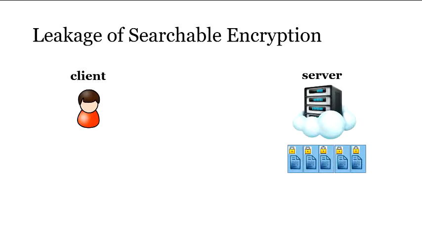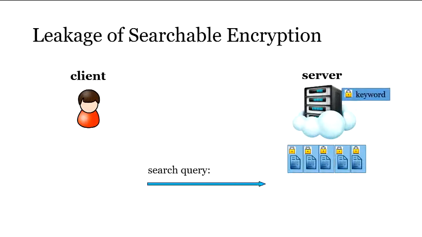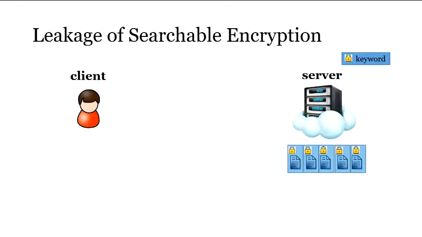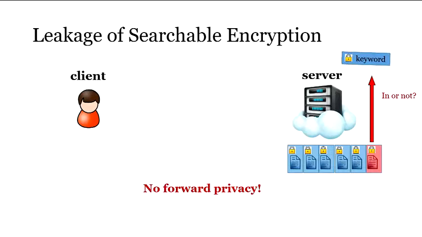In addition, in dynamic searchable encryption, in a scenario where the client has ever issued a search token before, and later he wants to insert a new file into the file collection, then the server can automatically tell whether this old keyword is in the new file or not. Or equivalently, the server can search an old token on newly inserted files. This is called no forward privacy.